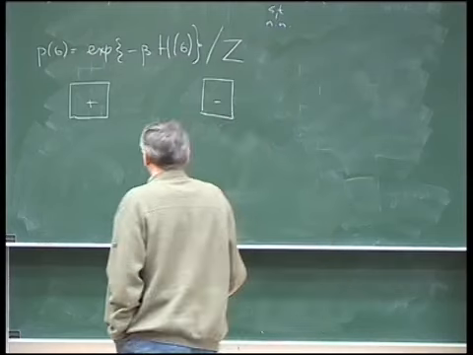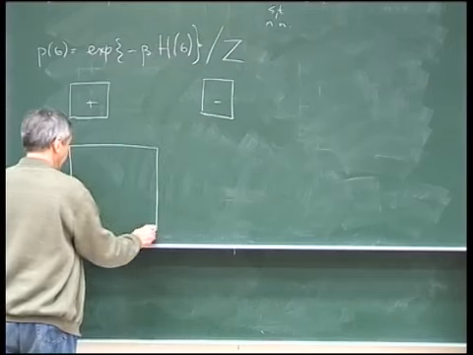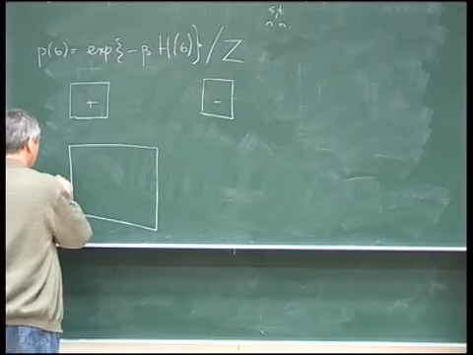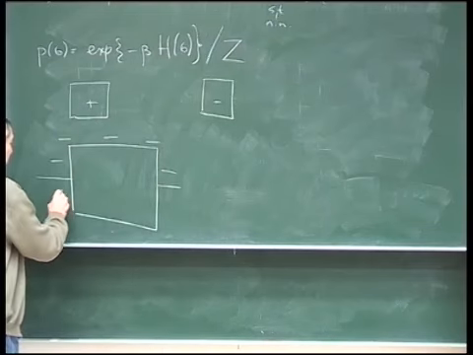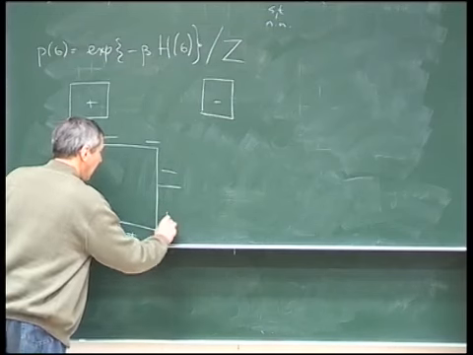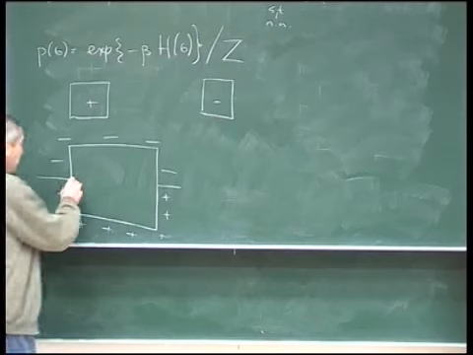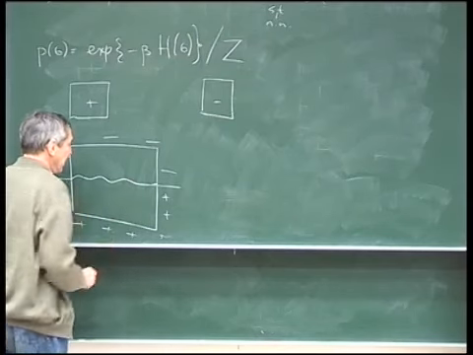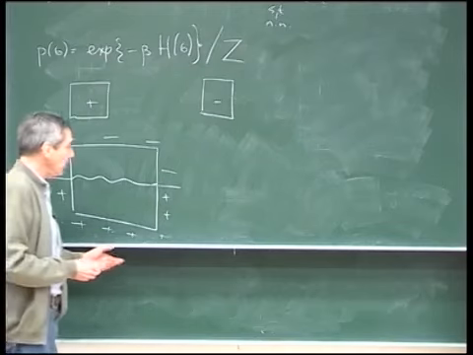And you do this by taking a box and by freezing, say, half of the spins at the boundary to be minuses and the other half to be plus. And then the two parts of that box have to be separated in some way. So then we have this random object, and this is the interface that we're talking about.